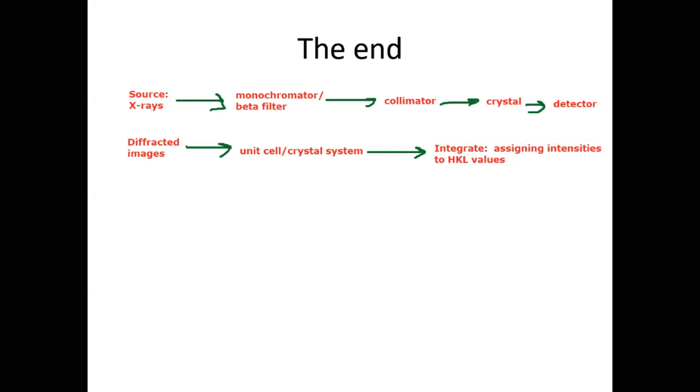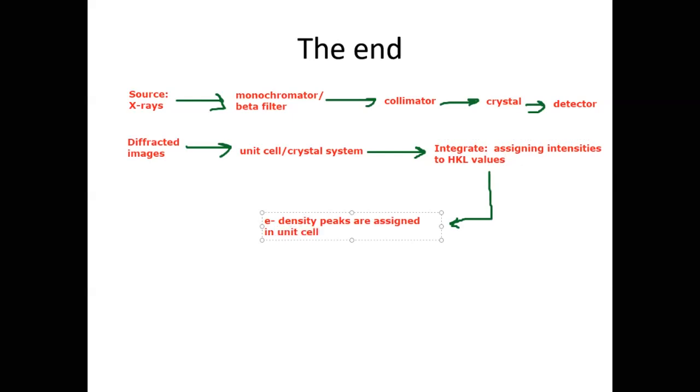And then once we integrate and assign HKL values, electron density peaks are assigned in the unit cell.